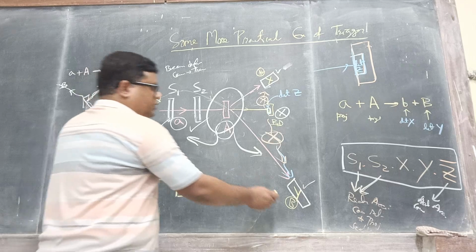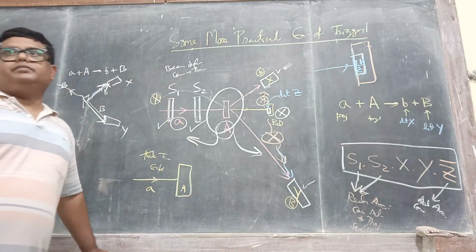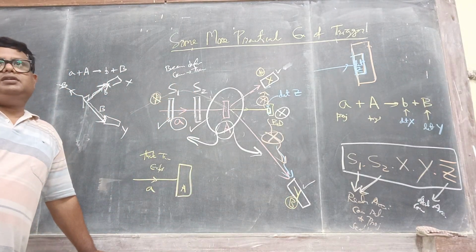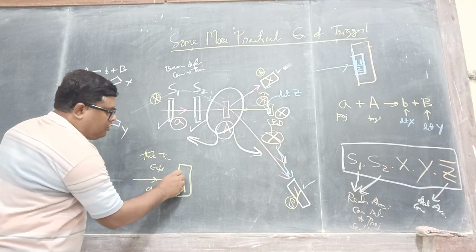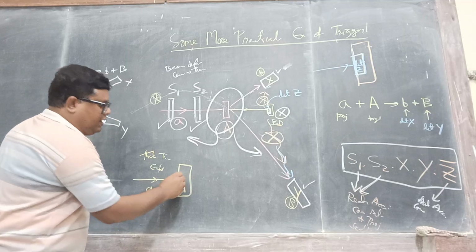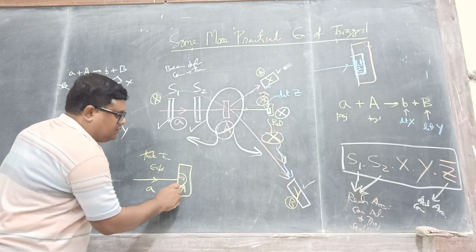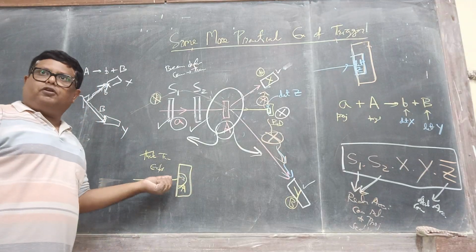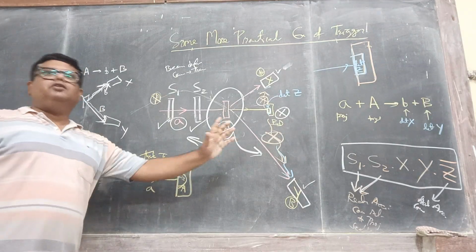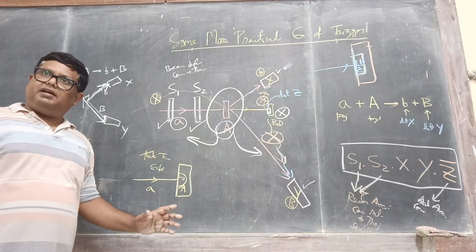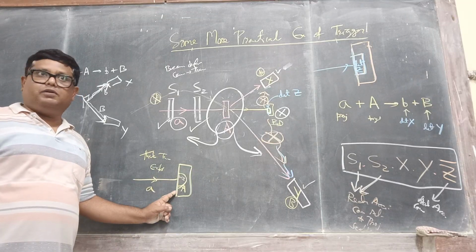Where do you think you will get this capital B? You will not get this normally. If the energy is small, then small b and capital B will be produced and they will be just at rest. After formation, they will come to rest in the target itself. They will not be moving out. You understand what is happening in the thick target experiment?